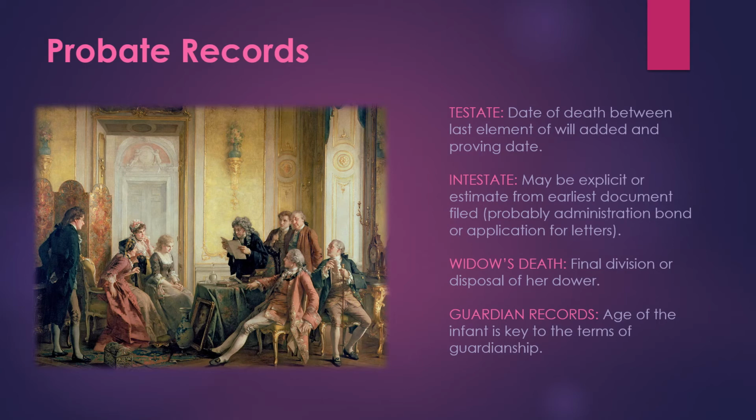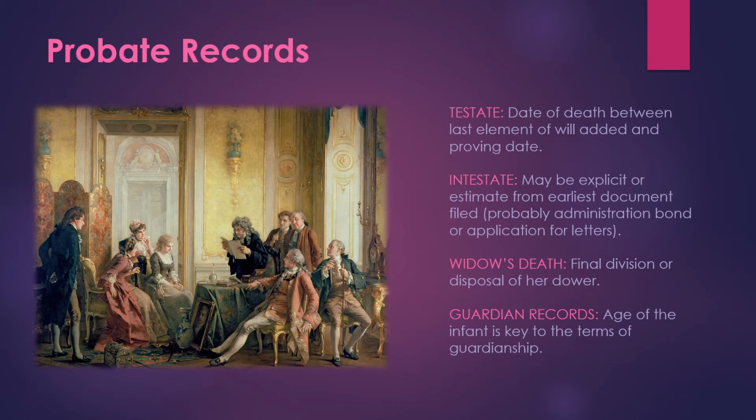Some petitions to the court in a probate packet, like petitions for division of real estate among the heirs or petitions for dower or thirds of the widow, may actually refer to the precise month and year of the deceased's passing, or sometimes even the precise day. Accounts submitted for final medical services or burial costs may indicate when someone died, better than anything else in the packet. But in the absence of a precise indication, consider this.